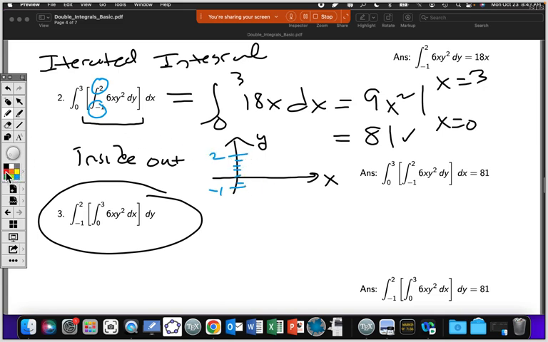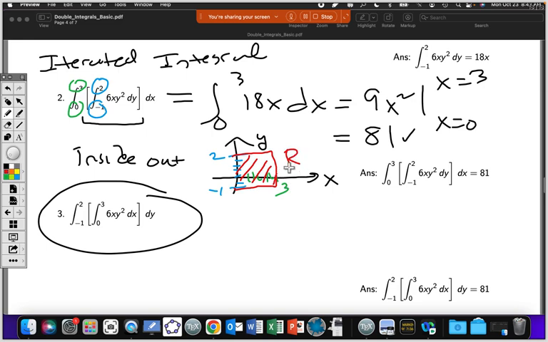And then I'm integrating the x from 0 to 3. So I'm integrating over this rectangle. You follow? -1 to 2, 0 to 3. That's given us this rectangle here that we're integrating over.